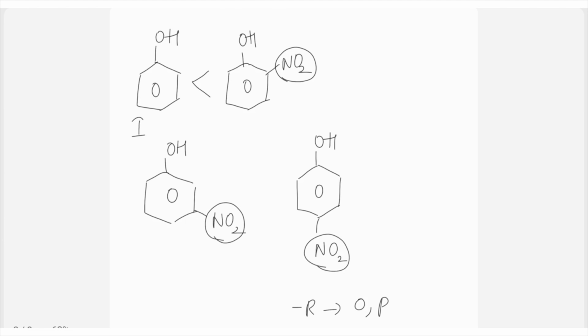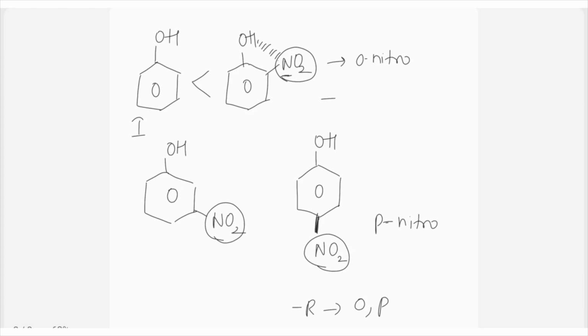So accordingly the second and fourth molecule should have equal acidic nature, but orthonitrophenol is less acidic compared to paranitrophenol. This is because the para effect is greater, and also in the case of orthonitro there is intramolecular hydrogen bonding between the oxygen of nitro and the hydrogen of OH.